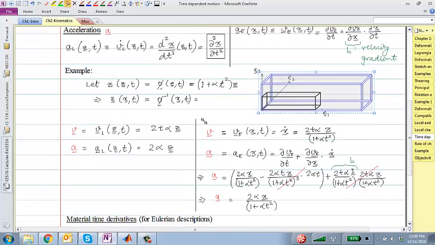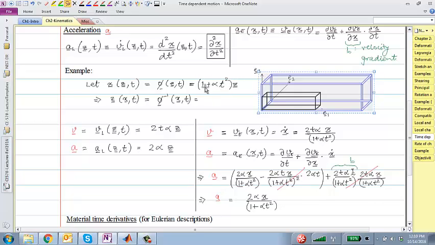Now let's try to calculate velocities and accelerations of some random point in this body. On the Lagrangian side, I can just directly take the map that is given to me, 1 plus alpha t squared times z, and calculate the time derivative of that map. The time derivative does not involve z, it only involves this factor sitting up front.